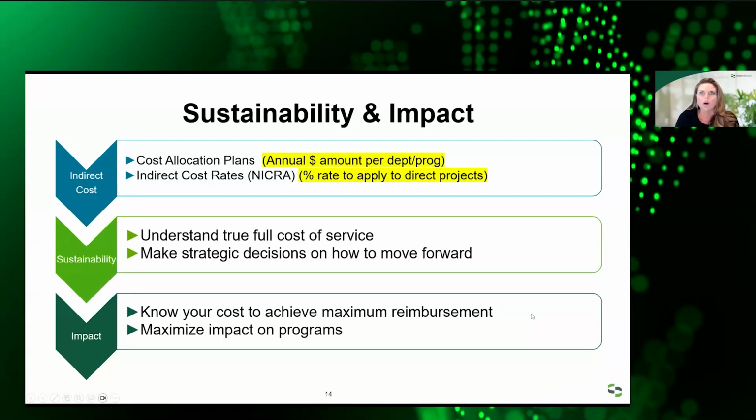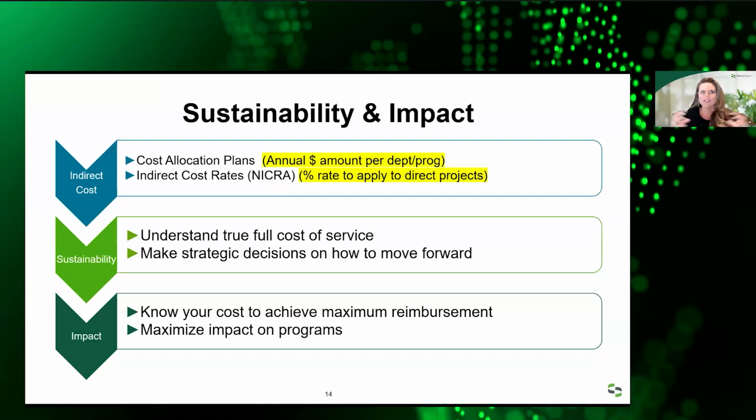So what I want to talk about here is indirect cost and kind of how we look at it, or how people try to avoid it. I find that very common in most organizations. They're just not wanting to understand because it's kind of over there in the corner. So they want to try to avoid it.